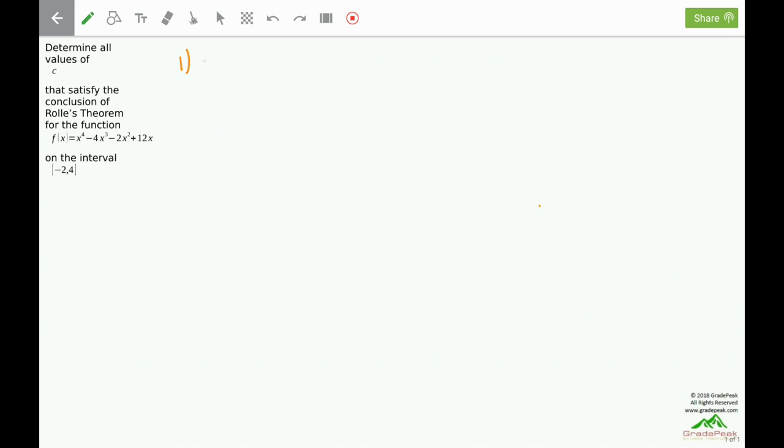The first condition: the function f of x, which is x to the fourth minus 4x cubed minus 2x squared plus 12x, has to be continuous on the closed interval given.